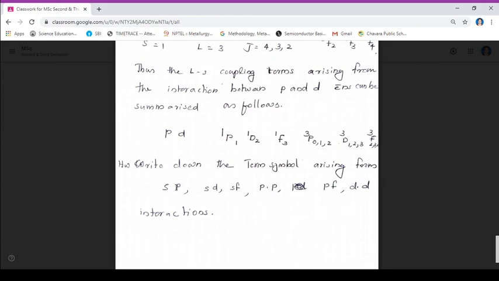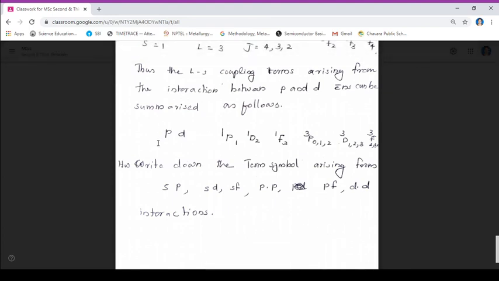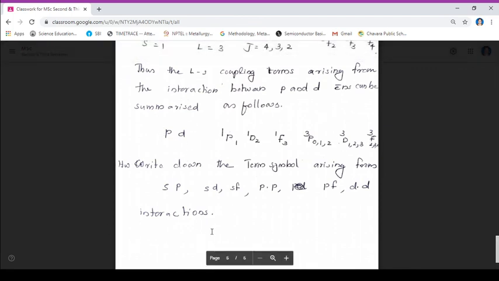So first you have to write the capital L values, then the capital S values, then the capital J values, and you have to present something like this for PD, as I have shown here.